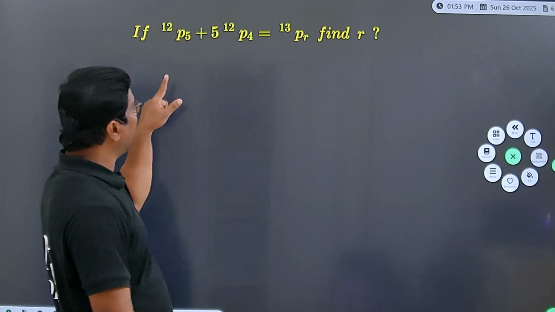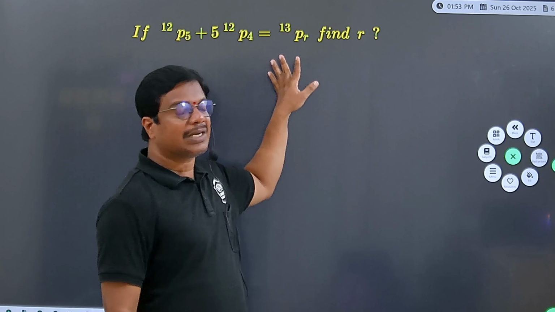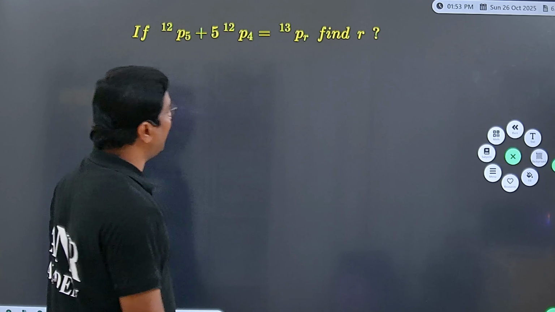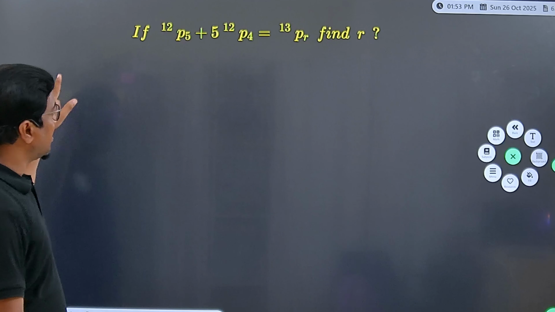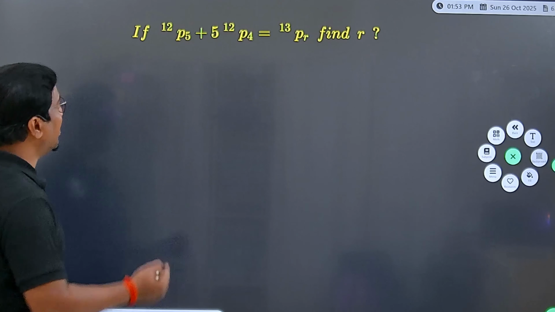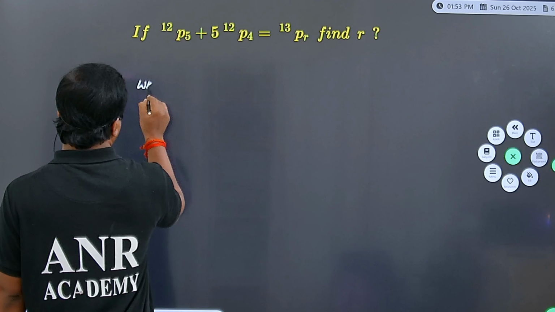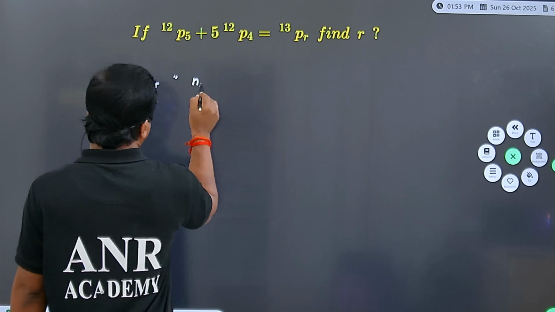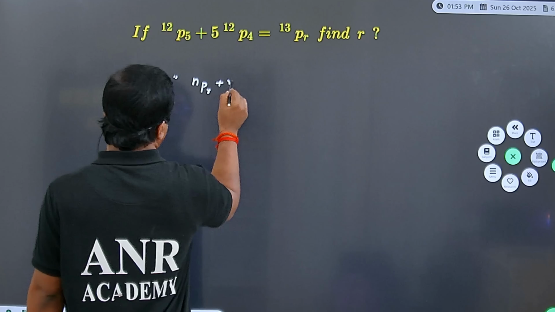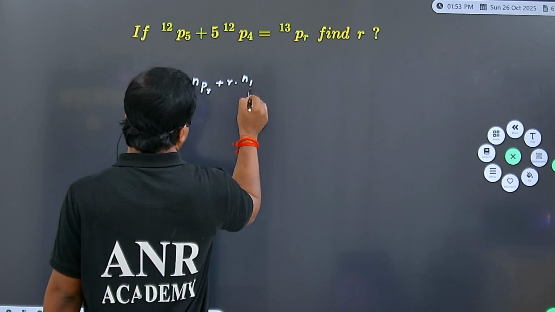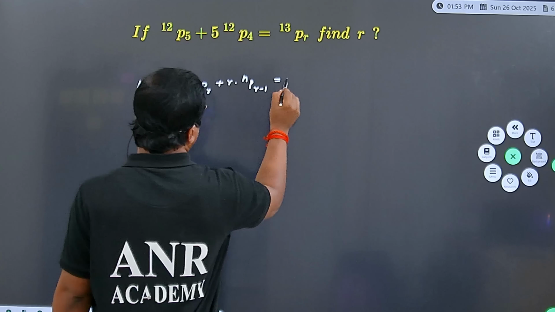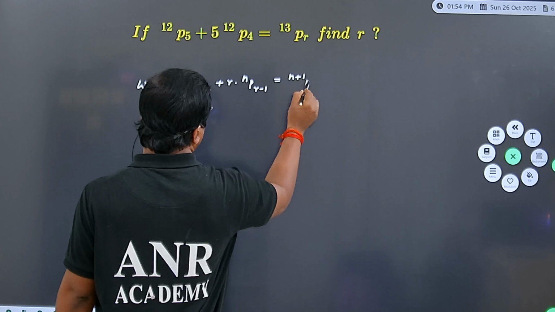12P5 plus 5 times of 12P4 equal to 13Pr, then find the value of r. Yes, by a standard result we can find the value of r. You know the property nPr plus r into nP(r-1) can be written as (n+1)Pr.